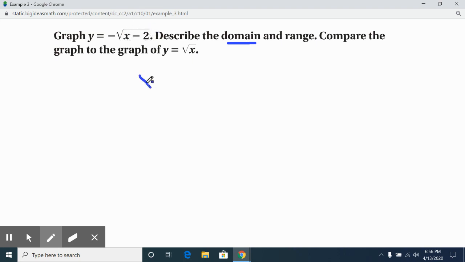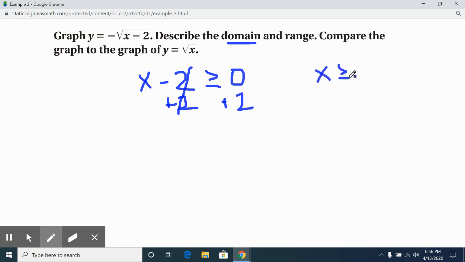I'm going to start by saying that expression cannot be negative. So I'm going to say x minus 2 is greater than or equal to 0. It has to be. Now I'm going to solve for x by adding 2 to find my domain, which is x is greater than or equal to positive 2.